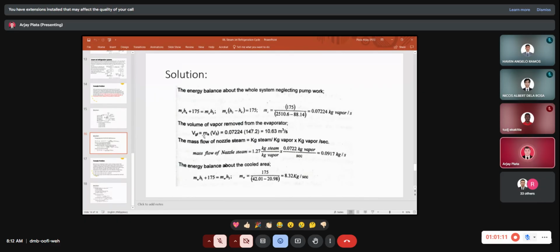So we have a mass flow rate ng ating vapor multiplied by V3. So do you have any idea saan galing yung 147.2?